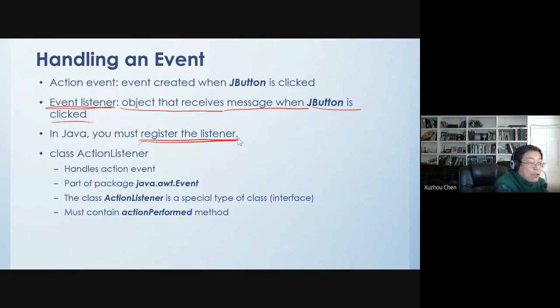Now, in the action listener, there is a method declared. It's called the actionPerformed method. Once you register the action listener, you need to implement actionPerformed in your object, like JButton. You have to implement actionPerformed in JButton.